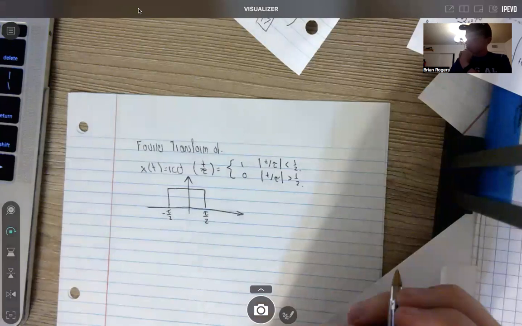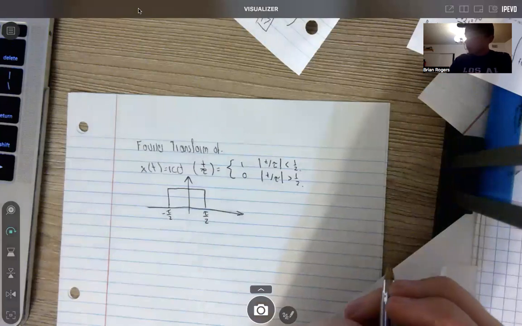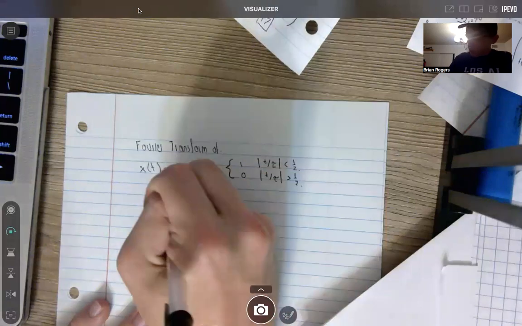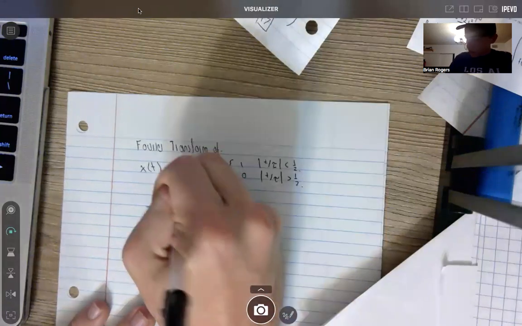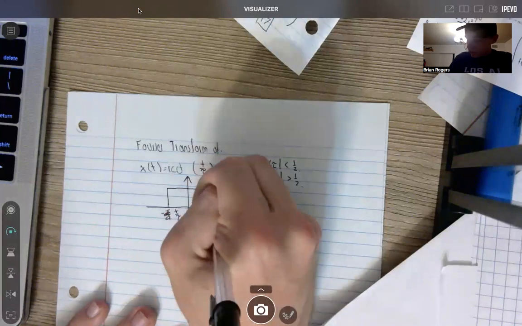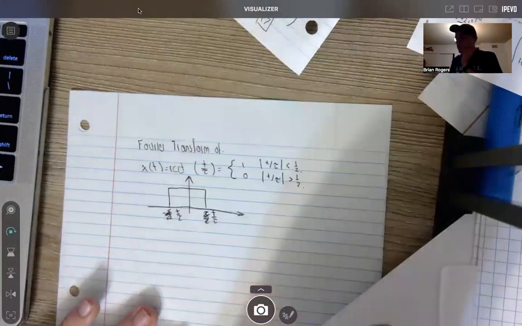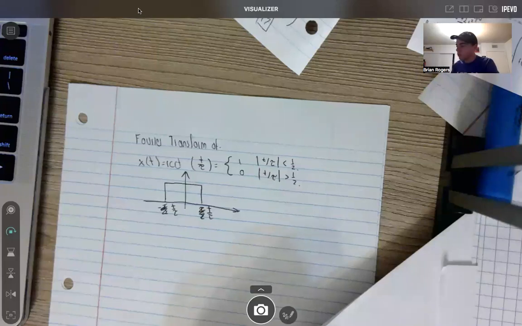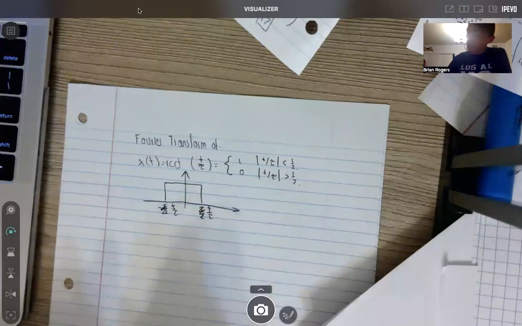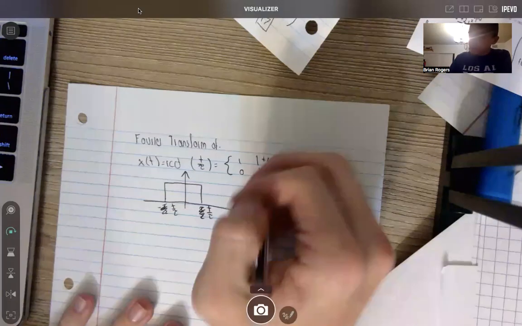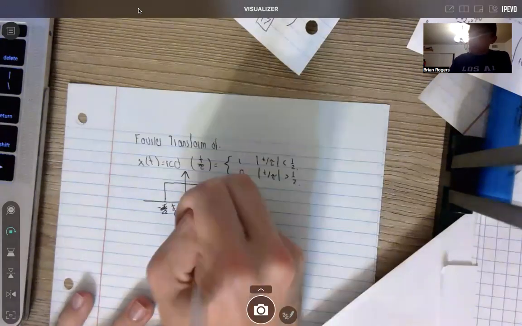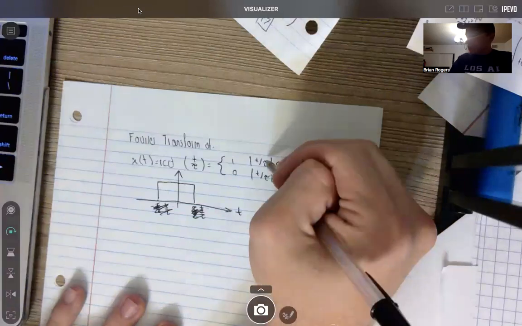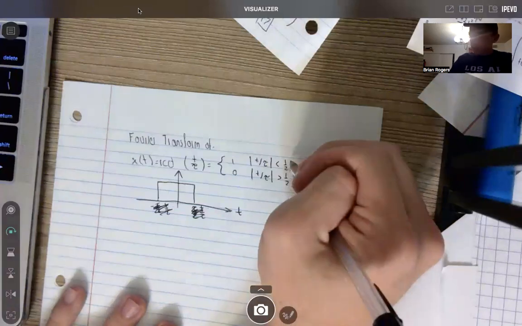Wait, t over tau. I think, yeah, no, this is t over tau. Sorry, this is t over tau. Oh, wait, but we need to do it when it's divided by 2, and so it would be 1/2. If we're putting this in terms of t for the axis, we would have to multiply this by tau, so it would become tau over 2, to get t by itself.